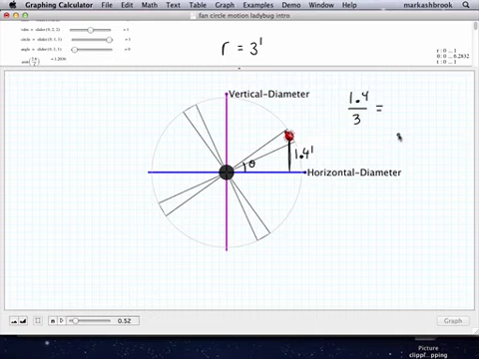We should all know this, everyone in the room. What does this ratio, which is the number of radius lengths the bug is above the horizontal diameter, have to do with theta? Or how can we express it in terms of theta?